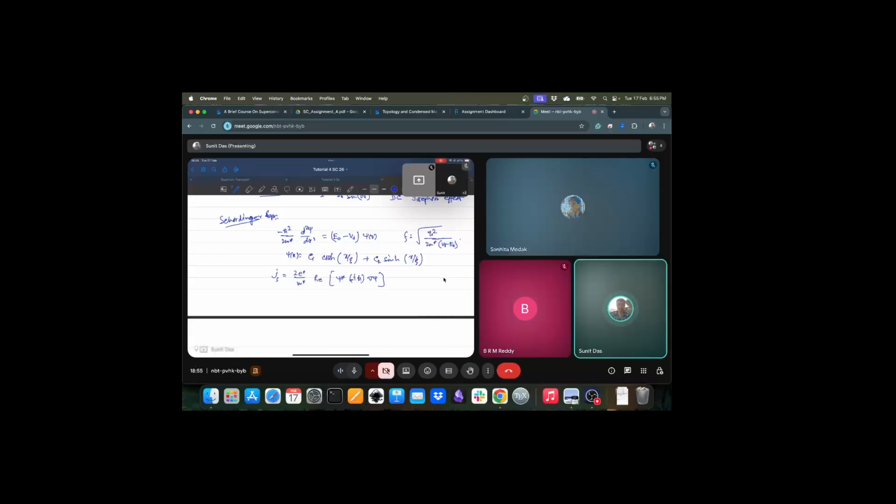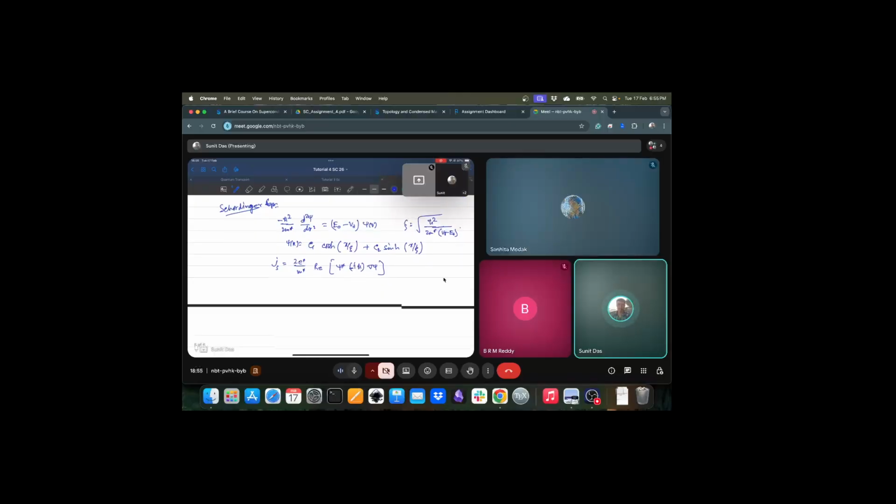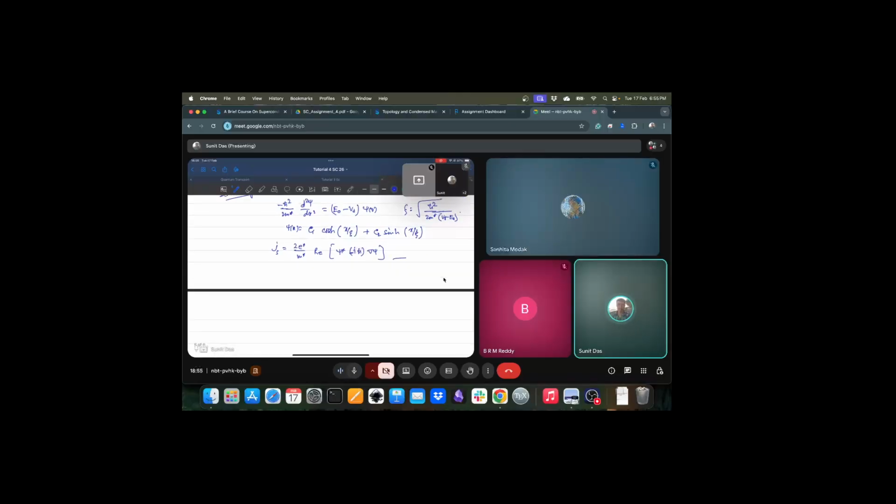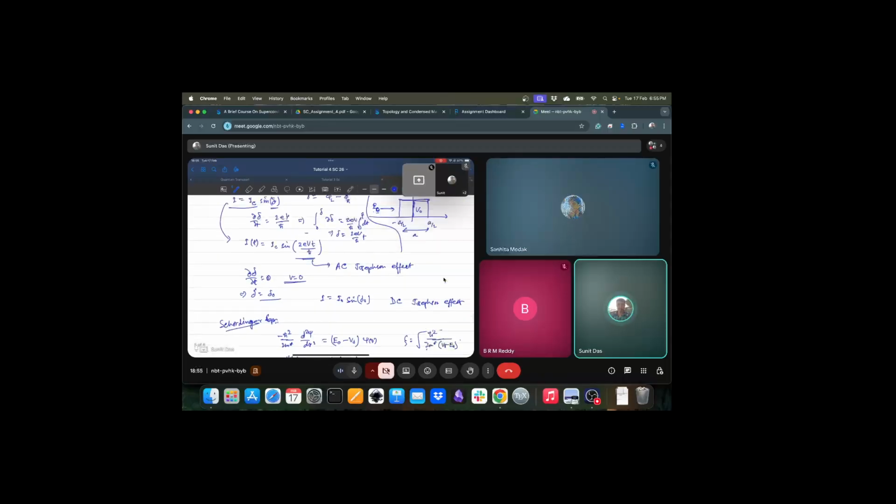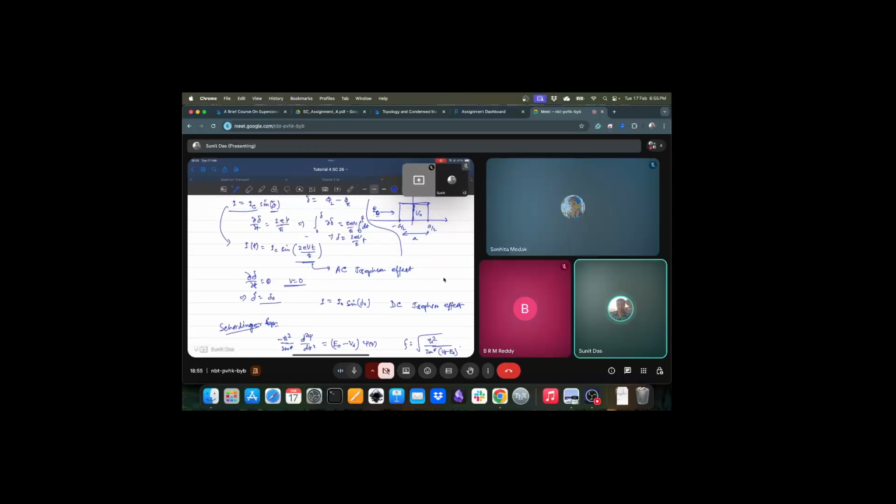Okay, now before we use psi in the current density equation, what we need to do is evaluate the wave functions according to the boundary conditions. So we have psi at minus a by 2, because that's where the boundary is. So here we have minus a by 2 and plus a by 2.